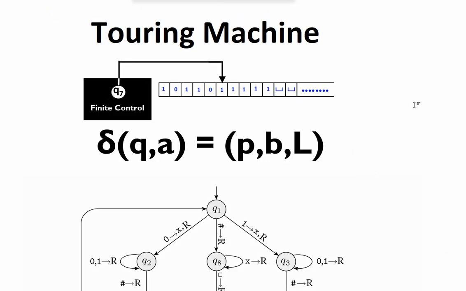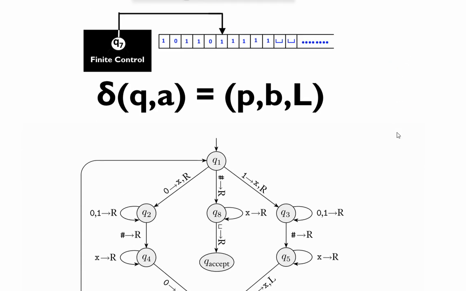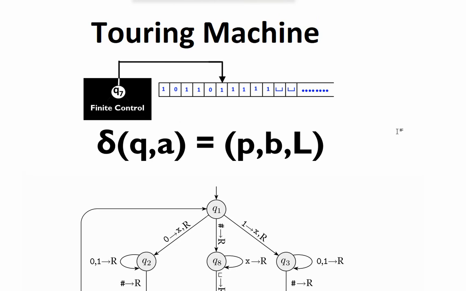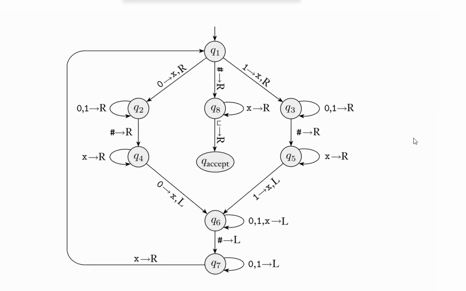It is important to understand the transitions on a finite state diagram, as you can see in example 3.9 in your book. And here's the state diagram for that example. The transitions are on these edges here, and how to read these is important.